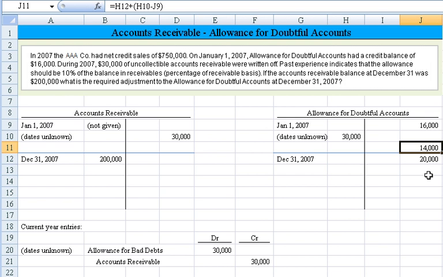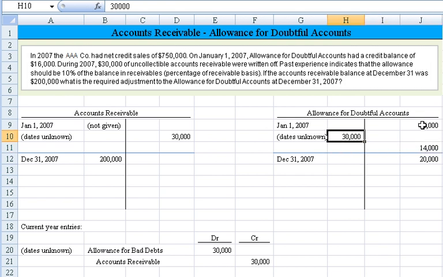Let me type in how I would do this myself. I see I was referencing an error in a cell. All right, what we know is we have 20,000, and before this we have a balance of debit 30,000 minus 16,000, right? So I've got 14,000 of a debit balance.